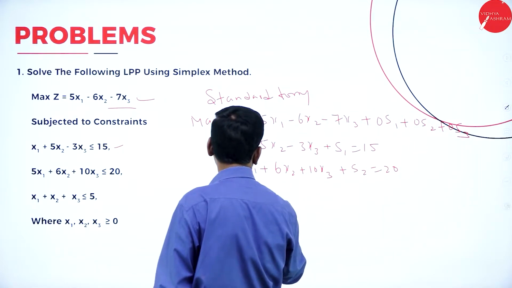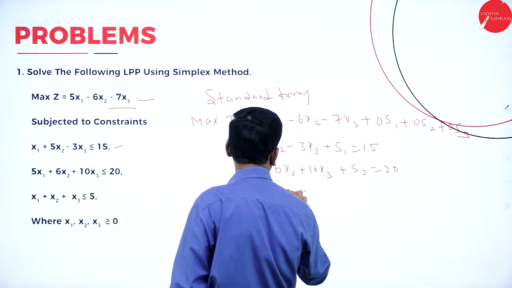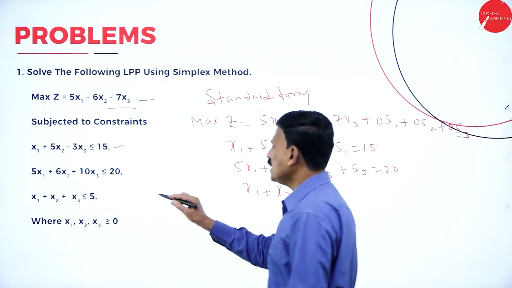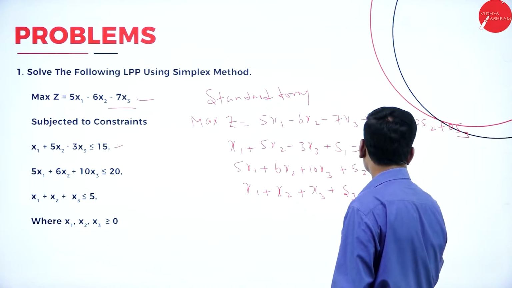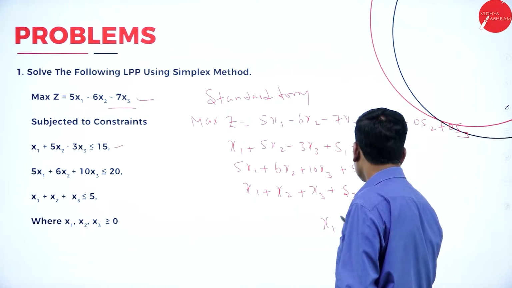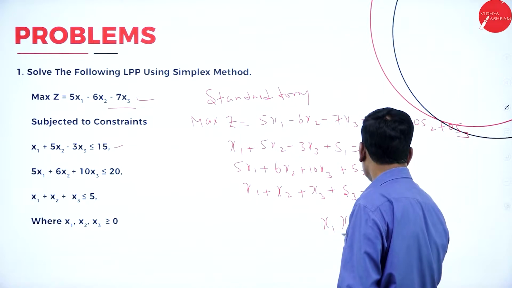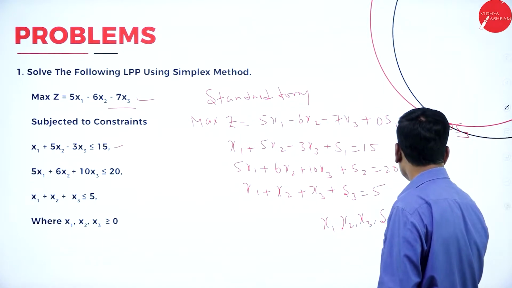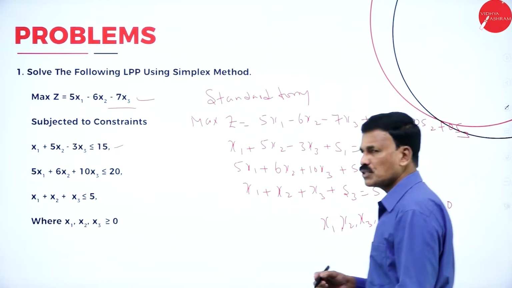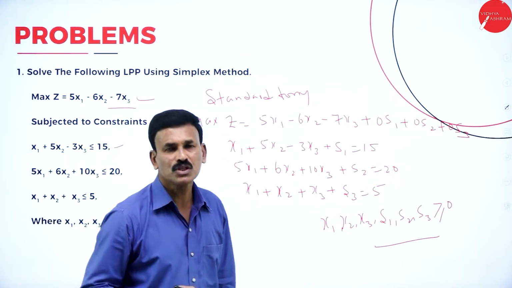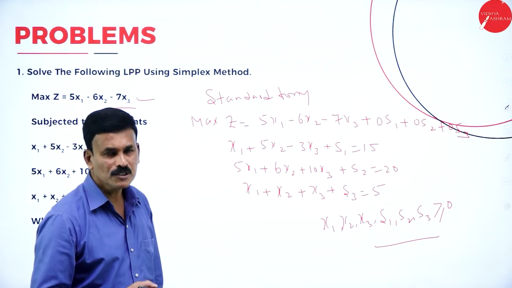Whereas the last equation, x1 plus x2 plus x3 plus s3 is equal to 5, where x1, x2, x3, s1, s2, s3 are all greater than or equal to 0, non-negative restrictions. So that is the standard form of the given equation.